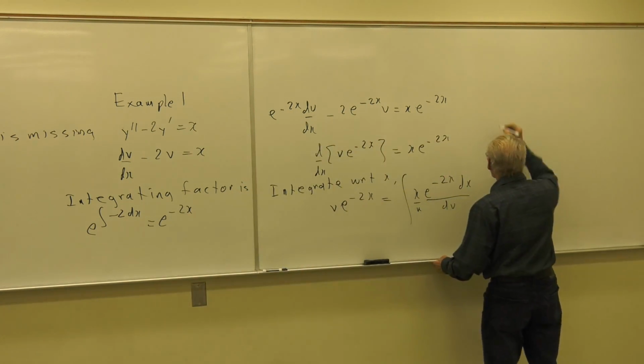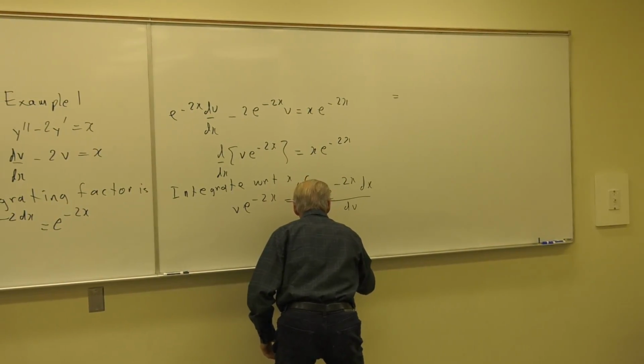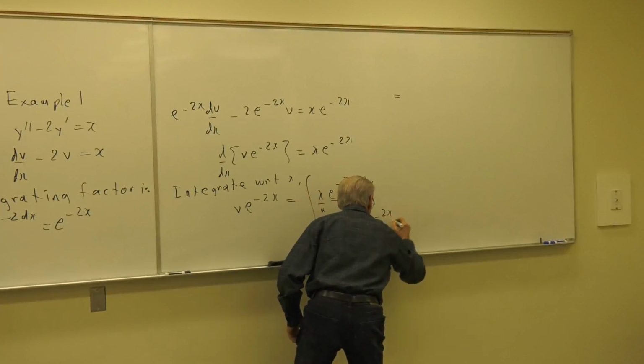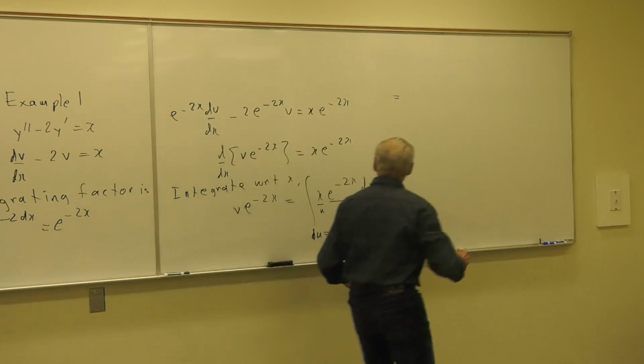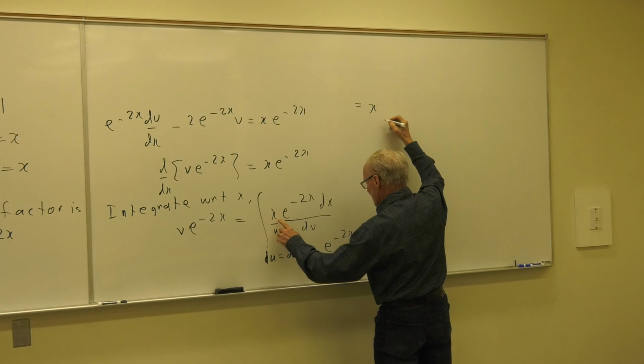So what does it say? Integration by parts is, then the du will be equal to dx, and the v will be equal to e to the minus 2x over minus 2. So substitute, it says u, v. U is this, v, that.